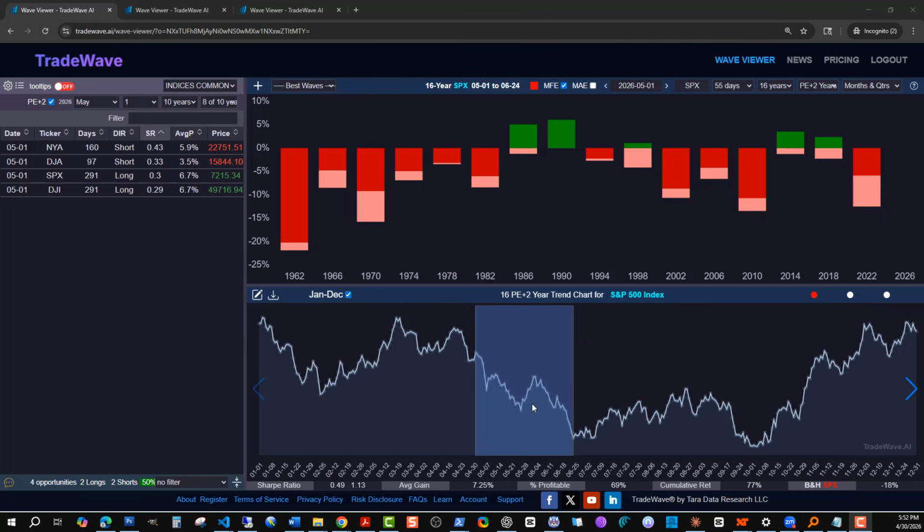I am showing you the broader markets, the S&P 500. We're looking at May 1st until June 24th, a 55-day period, since 1962 in midterm election years, which means each of the bars is 4 years apart. As you can see, the trend chart shows the statistical down cycle.